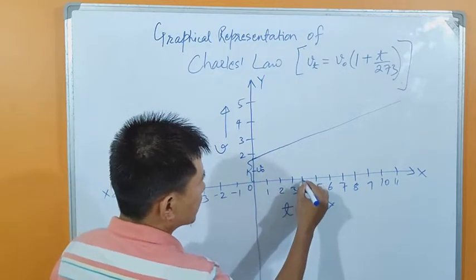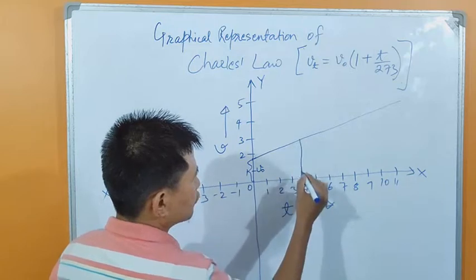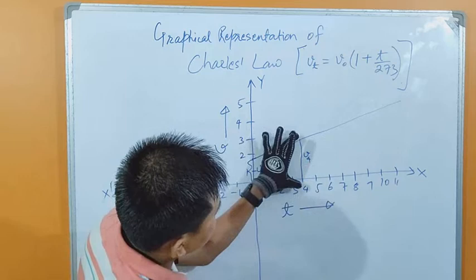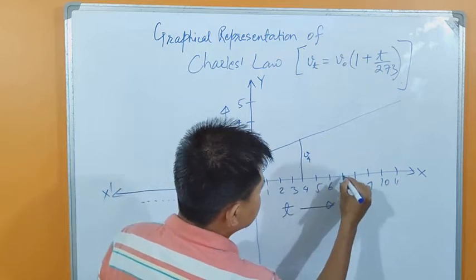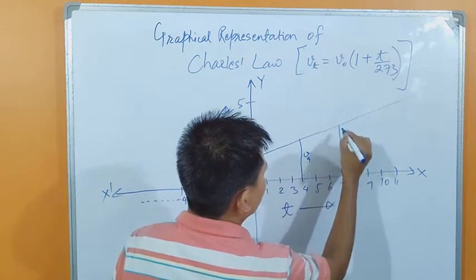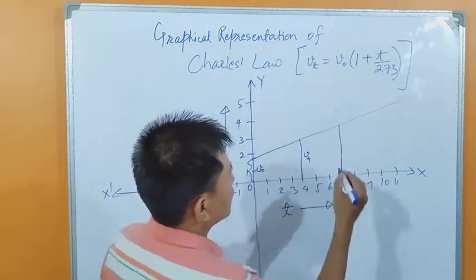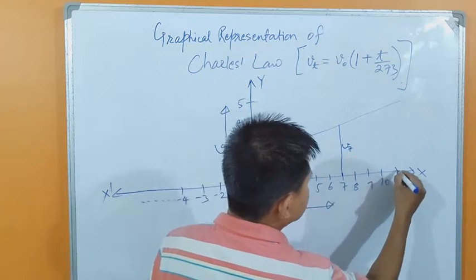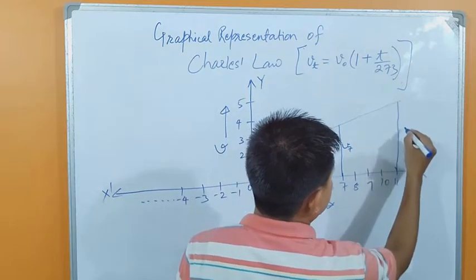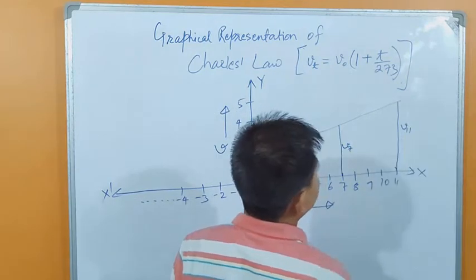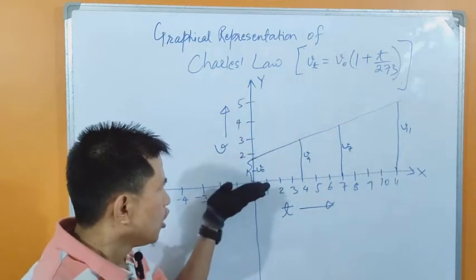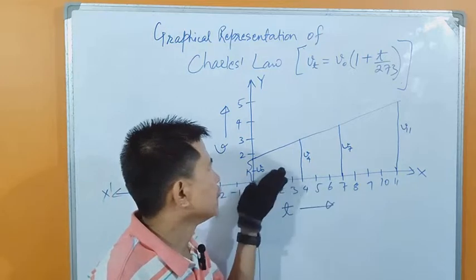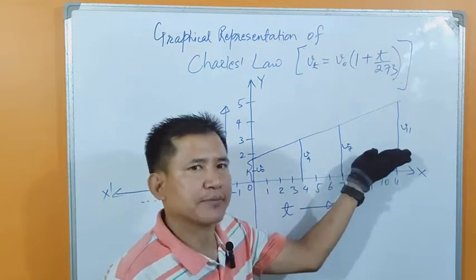At 4 degrees Celsius, if you increase the temperature to 4 degrees Celsius, V4, volume became a little larger. At 7 degrees Celsius, volume became even larger, isn't it? So V7 is larger than V4. On increasing the temperature to 11 degrees Celsius, volume became even larger than V7. So from this graph, we saw that when you increase the temperature, volume also increases at the same time.